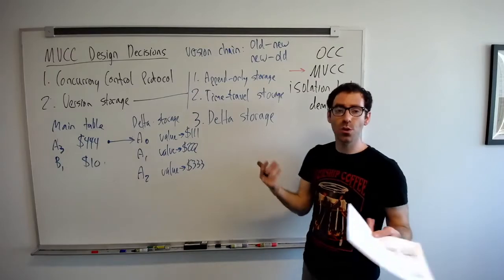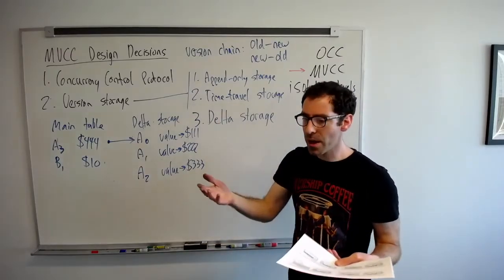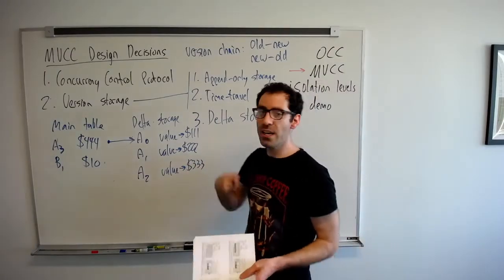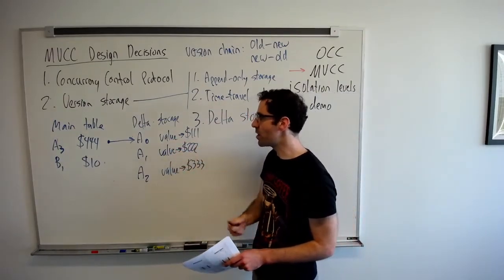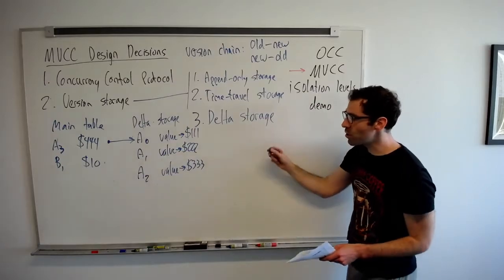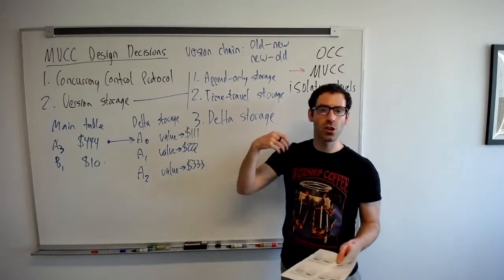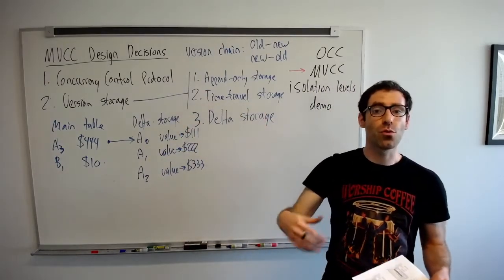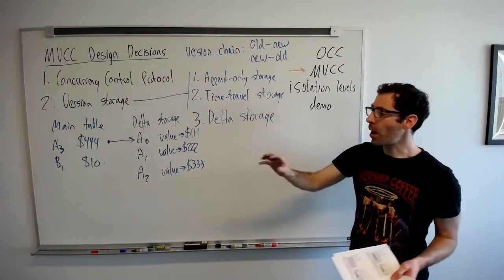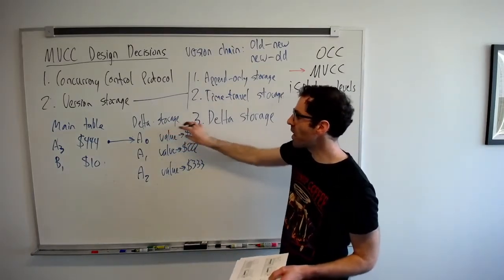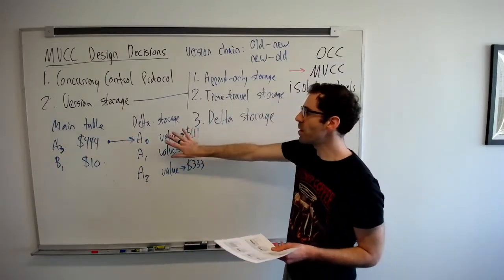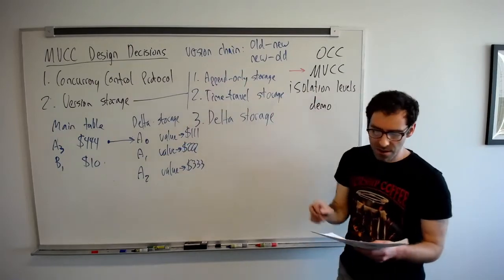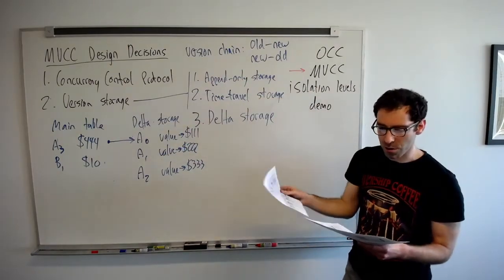So that is potentially wasting a lot of space copying parts of the data that aren't changing, if we're, say, only updating a single attribute. With this delta storage, we're just storing the information we would need to reconstruct the old version by applying that delta, by applying that difference to the current version. And so this can be a lot more space efficient than these other two possibilities.